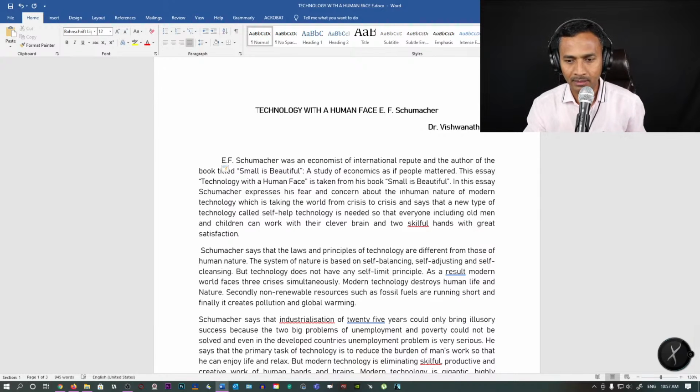The subtitle of the book is A Study of Economics as if People Mattered. So whether technology matters or people matter, that's the question.